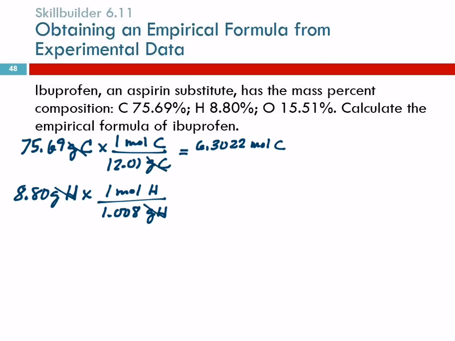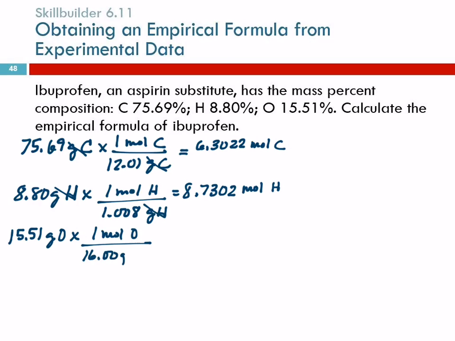Forgot those guys. 8.80 divided by 1.008 is 8.737302 moles of hydrogen. 15.51% oxygen becomes 15.51 grams of oxygen. And that is 0.969375 moles of oxygen.